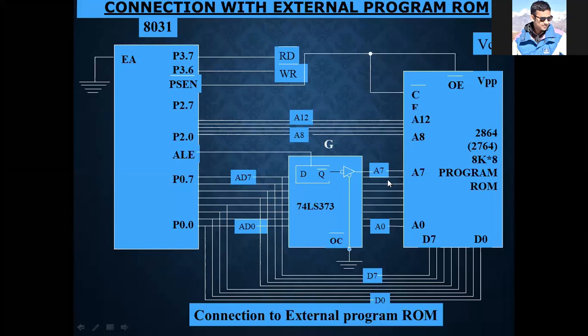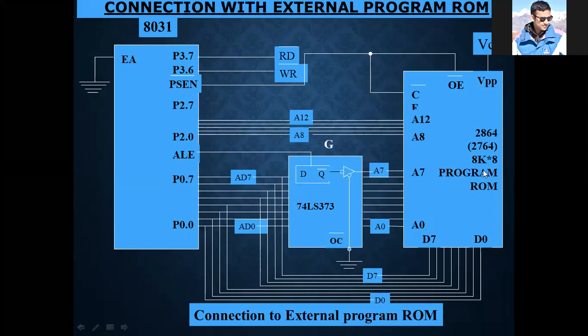Anyway, for this particular ROM interfacing, let us draw it first. Let us write that 8K into 8. That means 8K is 2 to the power 10 into 2 to the power 3, so this is 2 to the power 13.